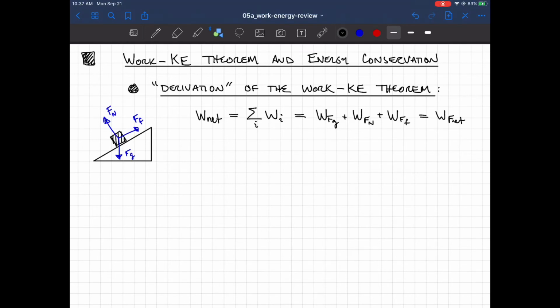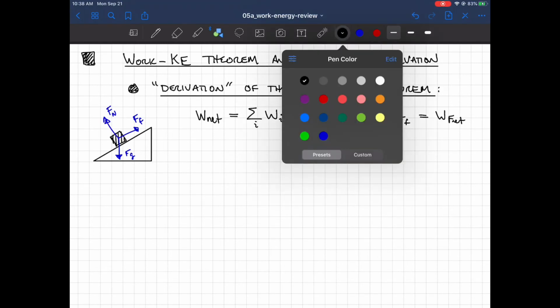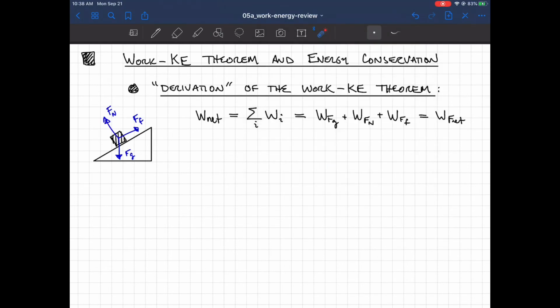So the first thing I want to do is show you how we derive the expression for kinetic energy. It's not really a derivation of the work-kinetic energy theorem, it's more like a definition of kinetic energy. And it comes directly out of Newton's second law. From Newton's second law, we're interested in the net force on objects.